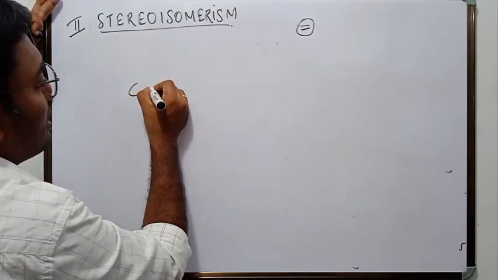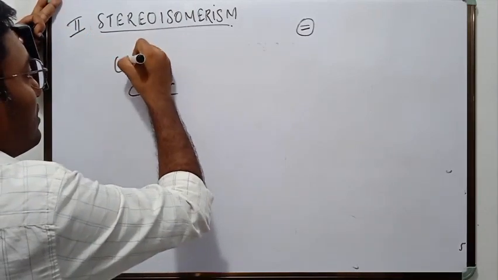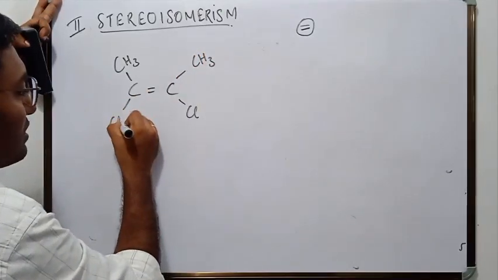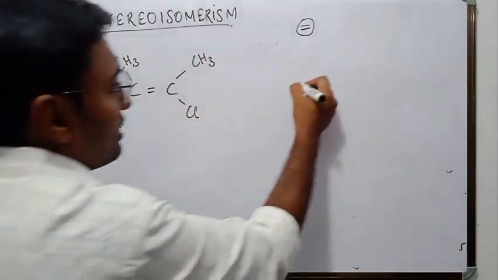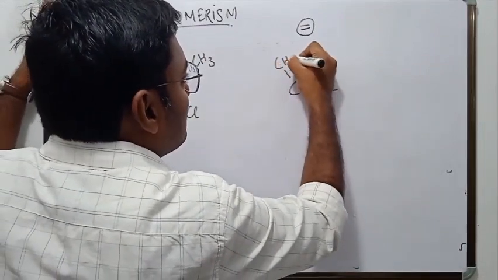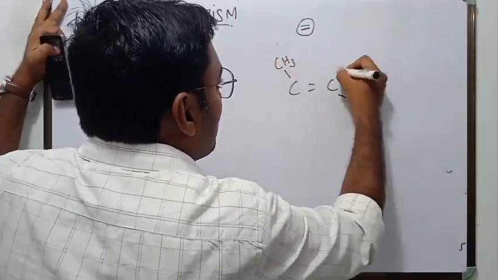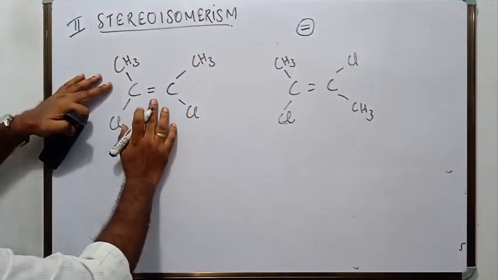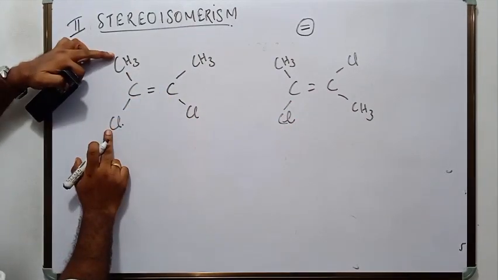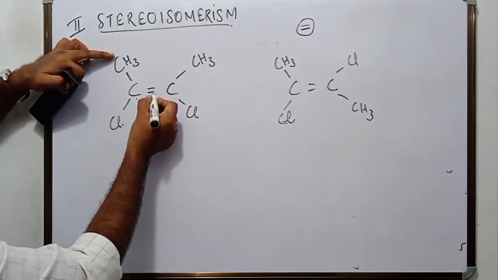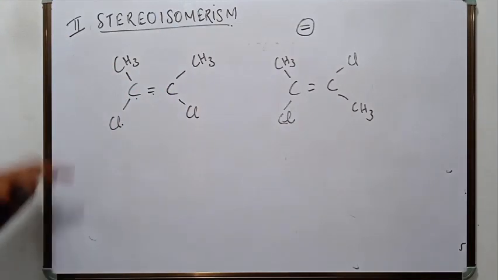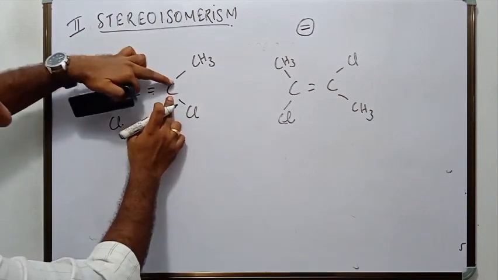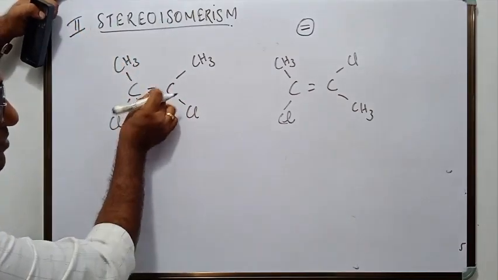This is cis 1,2-dichlorobutene and this is trans 1,2-dichlorobutene. So it is shown only by those alkenes that have two different atomic groups attached to the carbon containing the double bond.